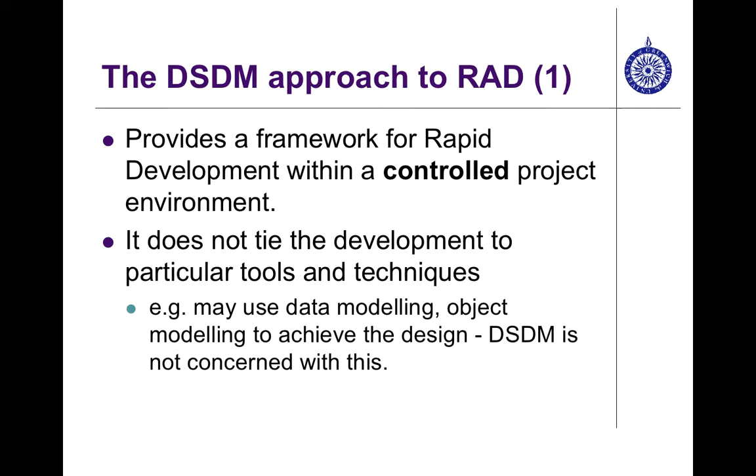And DSDM 8 provides a framework for rapid development, but developing a system in a controlled environment. And you can see here, one of the first priorities of DSDM 8 is to control the environment. It's different from the DSDM before.